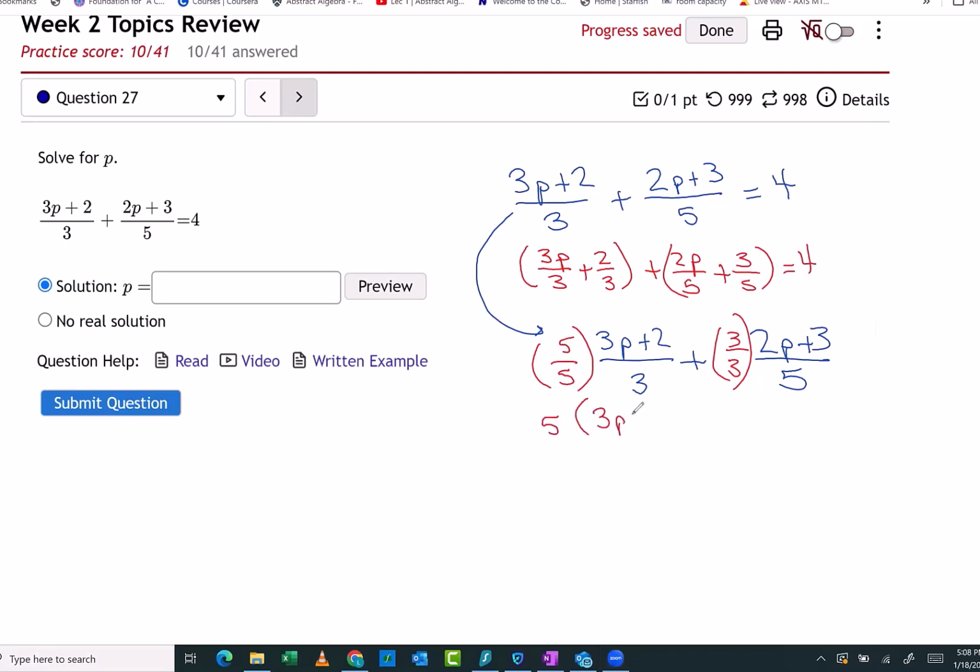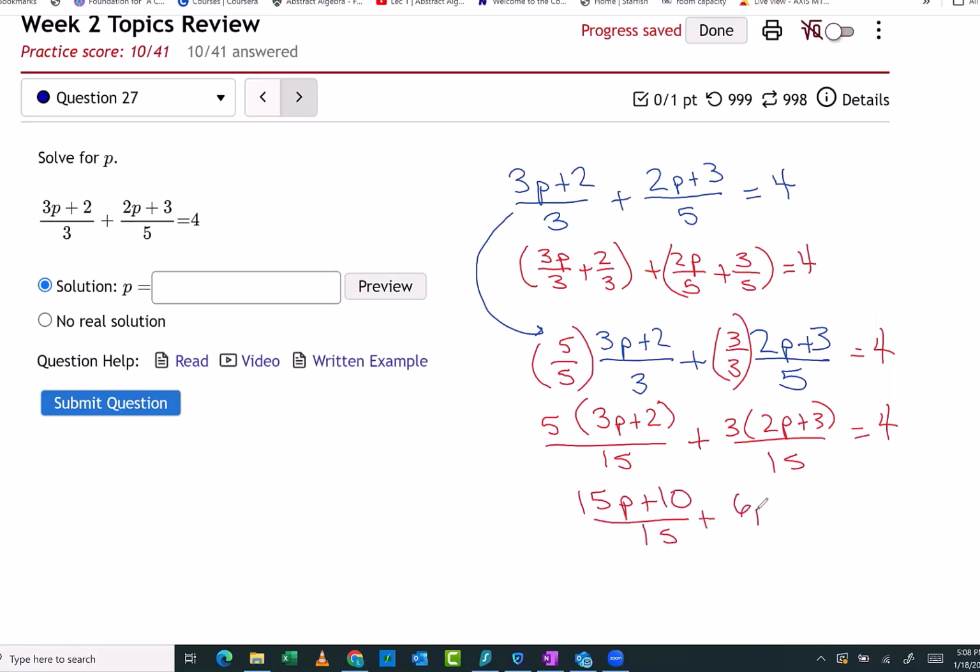This would be 5 times 3p plus 2 divided by 15 equals, plus 3 times 2p plus 3 over 15 equals 4. Now I have 15p plus 10 over 15 plus 6p plus 9 over 15 equals 4.